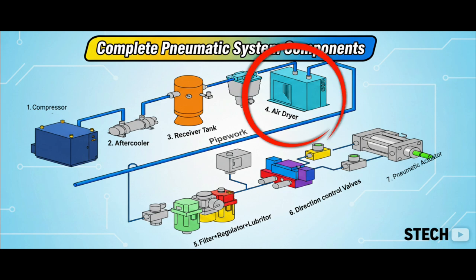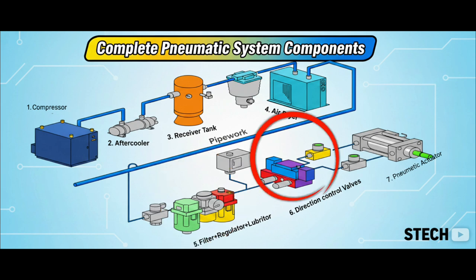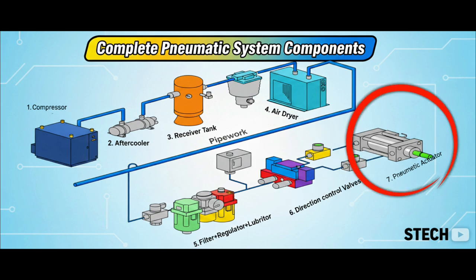In step 5, the compressed air passes through the FRL unit where it is cleaned and its pressure is controlled. In step 6, the air reaches the directional control valve. In step 7, when the valve is activated, it directs the air towards the cylinder, and this cycle continues again and again.